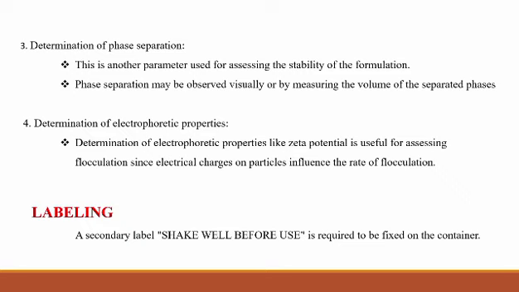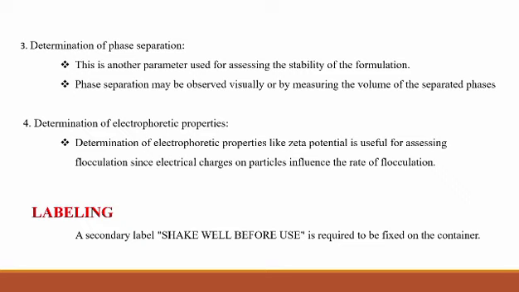When there is a high zeta potential, there will be strong repulsion and it may lead to stable emulsions. When there is a low zeta potential, it may undergo weak repulsion, so there will be aggregation and it leads to instability. So first we apply an electric field and observe the movement of globules.